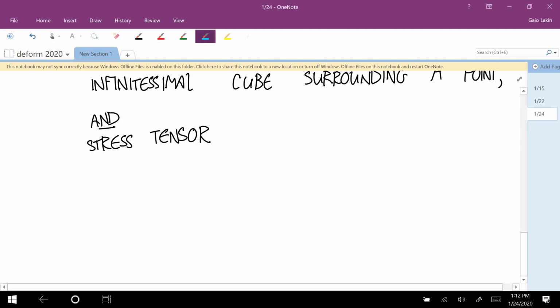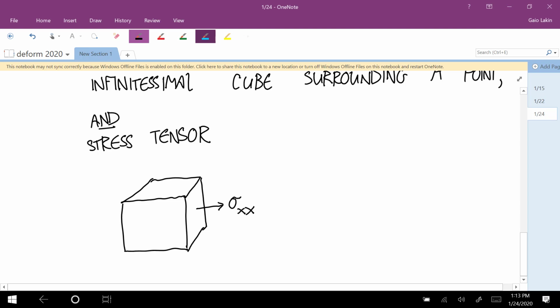And the relationship looks like this. So here's the stress cube. Each one of these faces has 3 components of force per area acting.